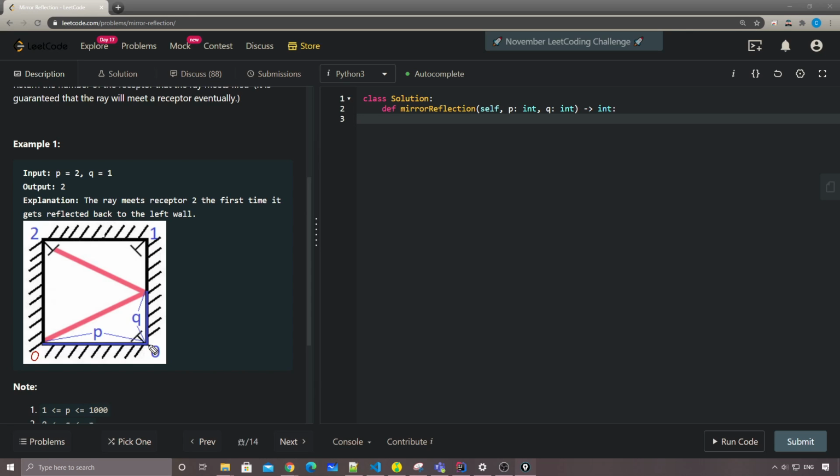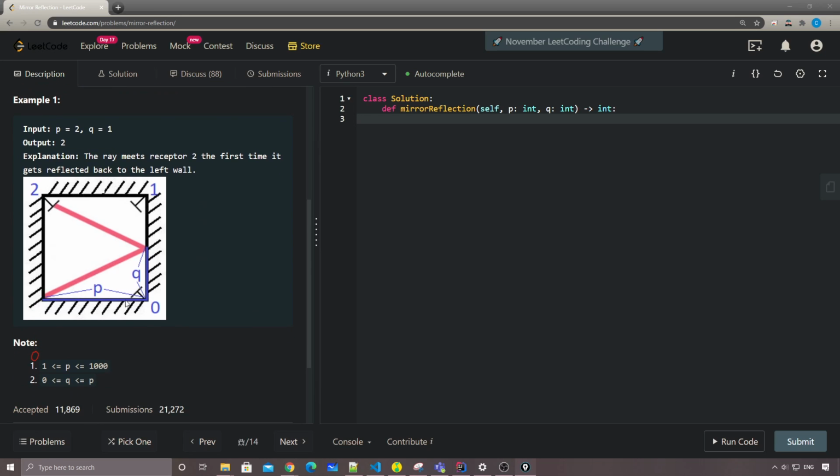For example, we have 0, 1, and 2. For this one, the first receptor it will meet is 2 here. And P is up to 1000, and Q is always equal to or smaller than P.